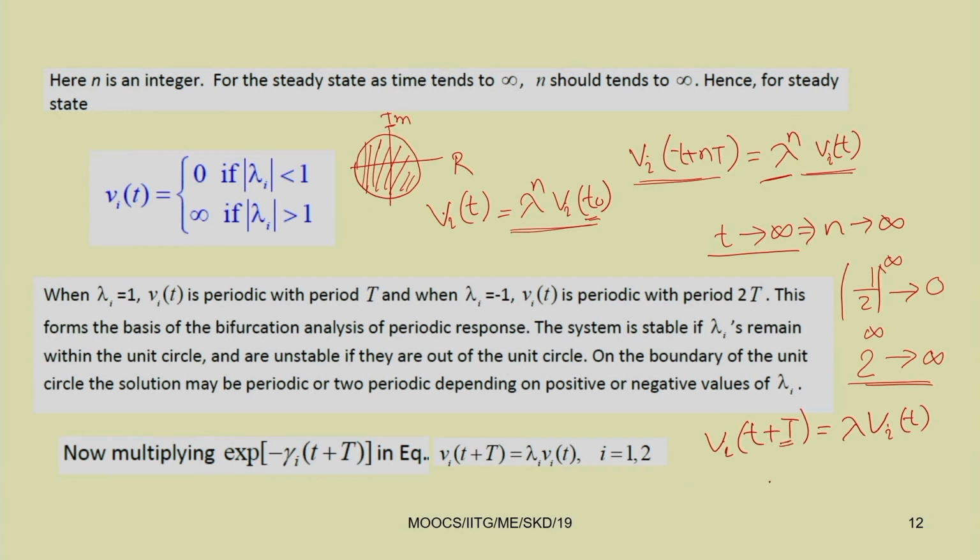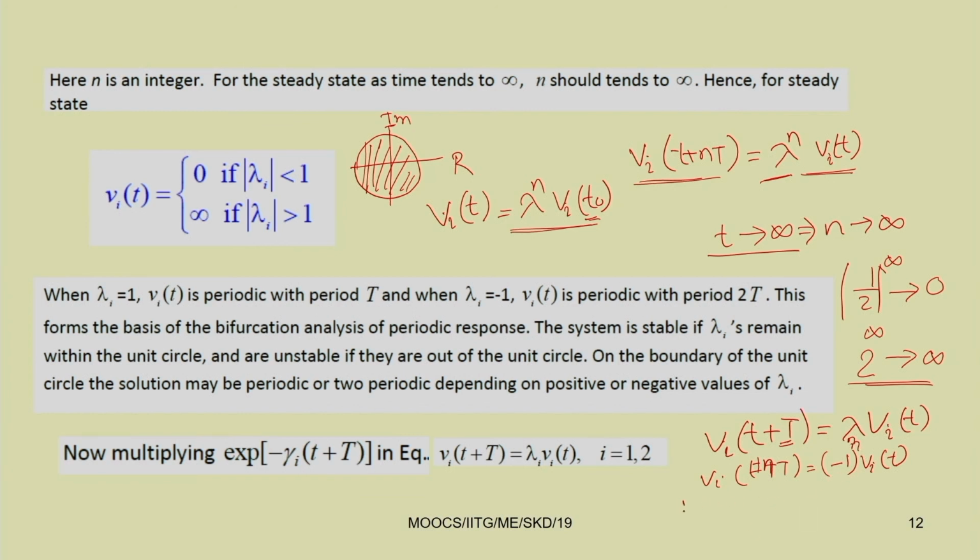Now let us take lambda equal to minus 1, so V_i(t+T+T). If we are taking lambda equal to minus 1, then let us put nT, so V_i(t+nT). You just see for n equal to 2 only, this becomes V_i(t).